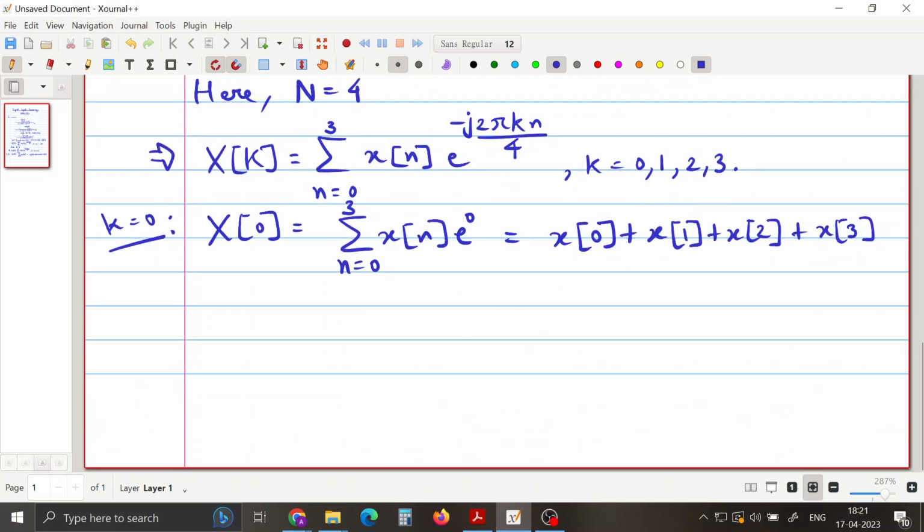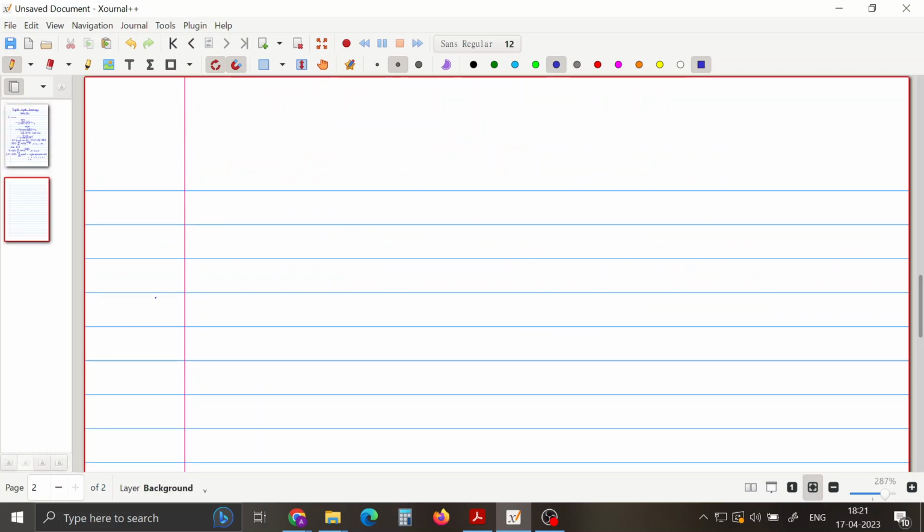So all of these values would be 1. Okay, so it's 4. So okay, one coefficient we have calculated. Now let's calculate the coefficient for k equals 1, which is cap X of 1.